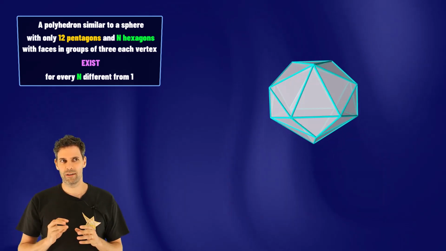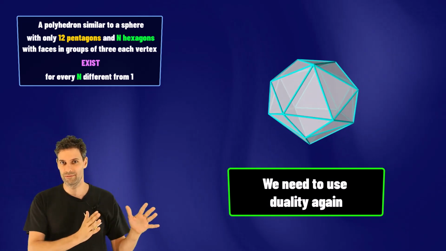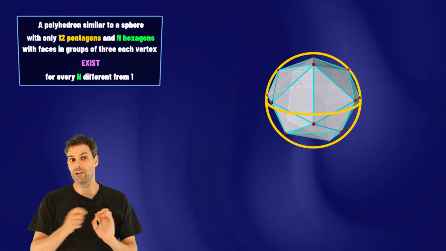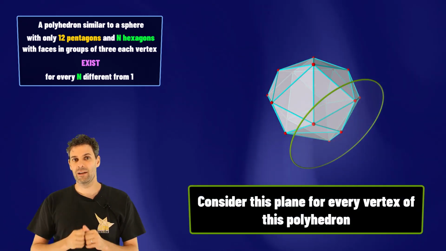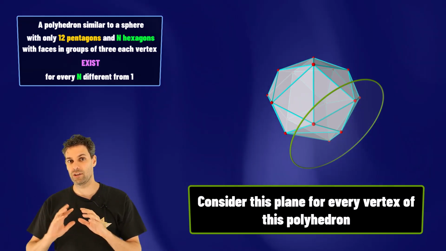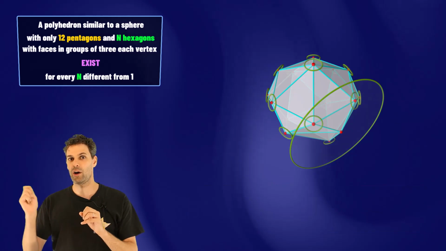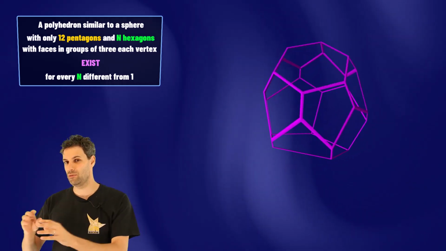And we have to do a duality-like construction, but in the 3D world. A possibility to do this is to draw the radius for every vertex and then the tangent plane. If you do this construction for every vertex of your polyhedron and you intersect all the tangent planes, you will end up with a new polyhedron.